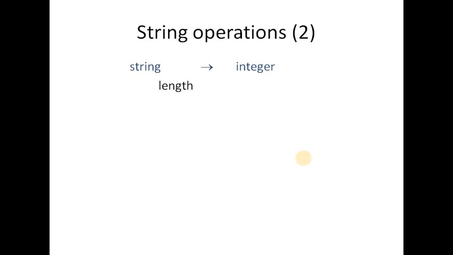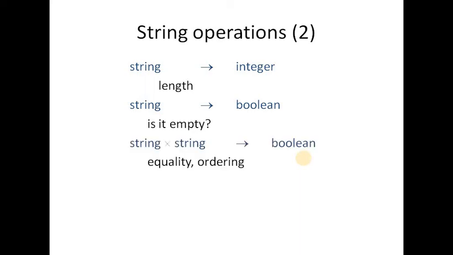This is the continuation of string operations. A string can have a length, which is an integer. A string can be converted into a Boolean, testing whether it is not empty. Equality and ordering must also be defined.